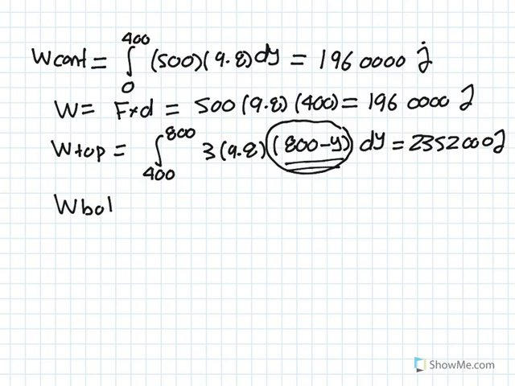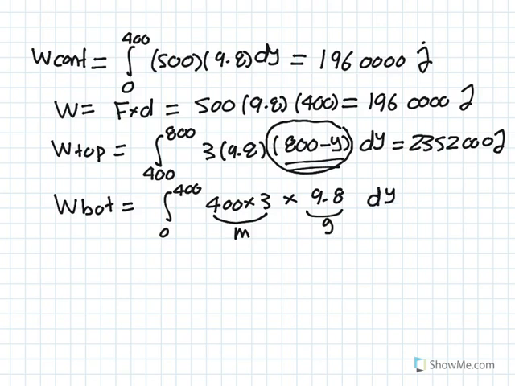Now the work for the bottom half is the integral from 0 to 400 of 400 times 3 times 9.8 dy. This part is the mass of the 400 meters of cable. This part is gravity. And we also could certainly find the work for the bottom half of the cable without using an integral.